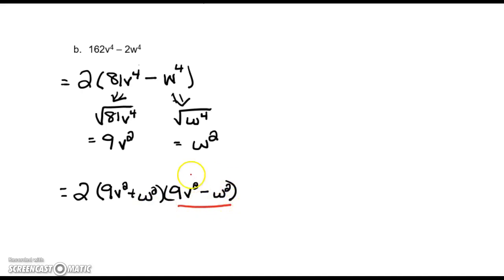But we can keep going with the second set of brackets. So let's square root our first term. The square root of 9v squared is 3v, and the square root of our second term, w squared, is just w.